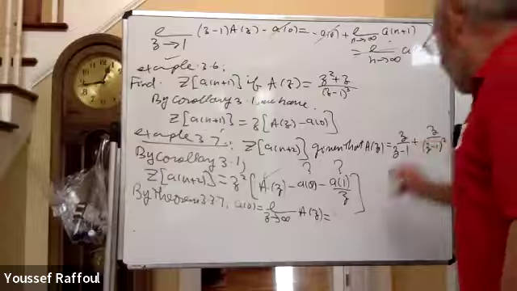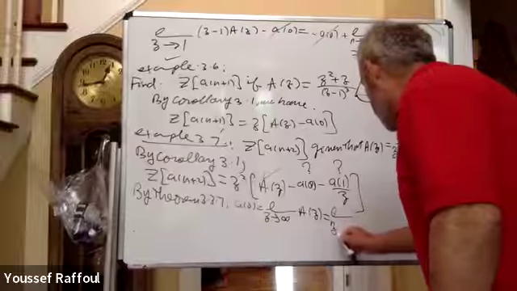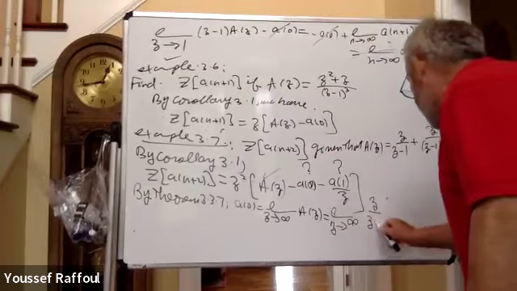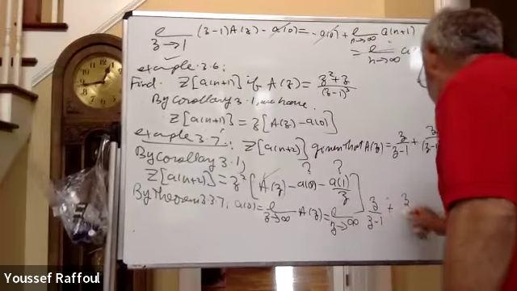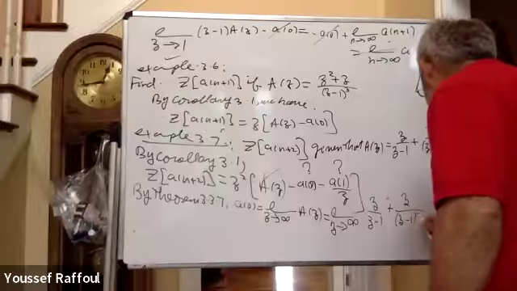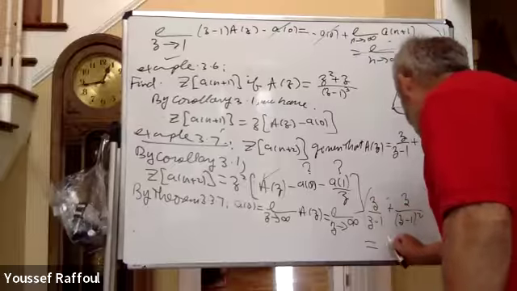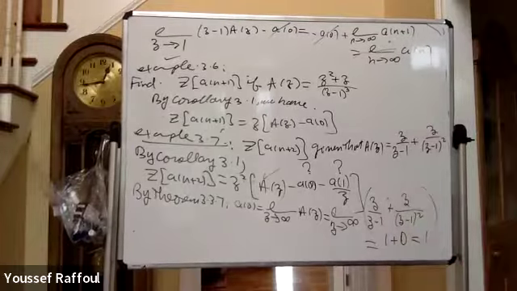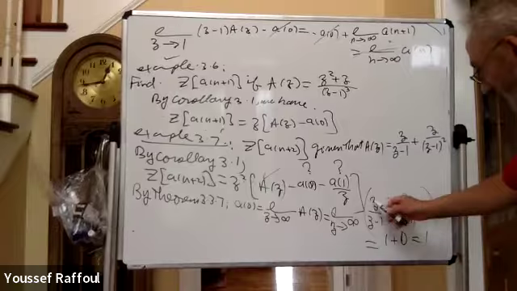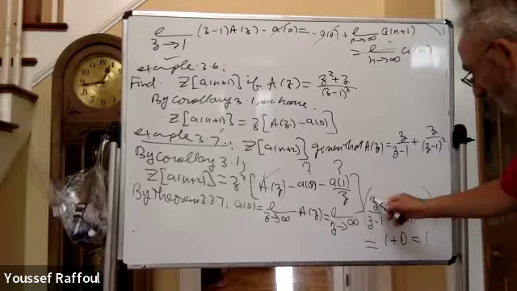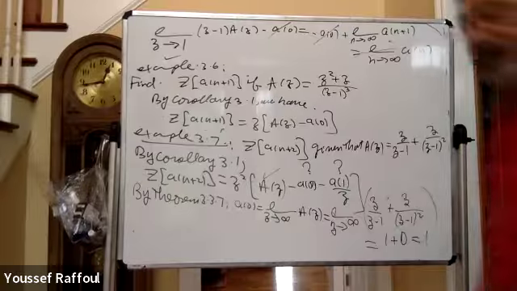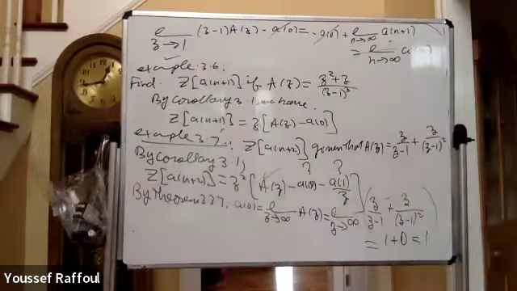A(z) is this one, z over (z minus 1) plus z over (z minus 1) squared. And that is 1 plus 0, that is 1. So we know a_0 is 1, because the limit of z over (z minus 1) as z goes to infinity is 1. The limit of z over (z minus 1) squared as z goes to infinity is 0, because the denominator has a higher power, right?